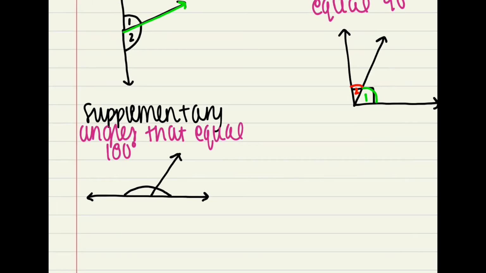So I have my first one, which is right over here on the right, my second one in the middle, and my third one's on the left. Together, these 3 angles are supplementary. They equal 180. Another word or name for supplementary is linear pair, because they form a line.